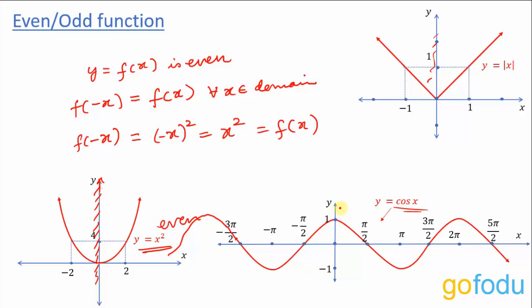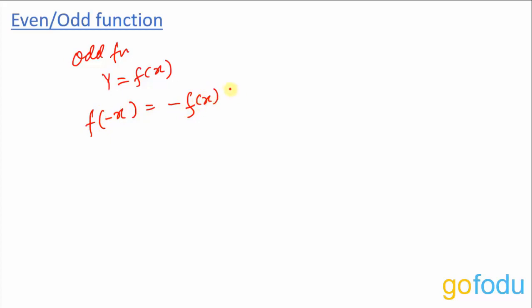Next is the odd function. A function y is equal to f of x is odd if f of minus x is equal to minus of f of x for all x belonging to the domain of the function.